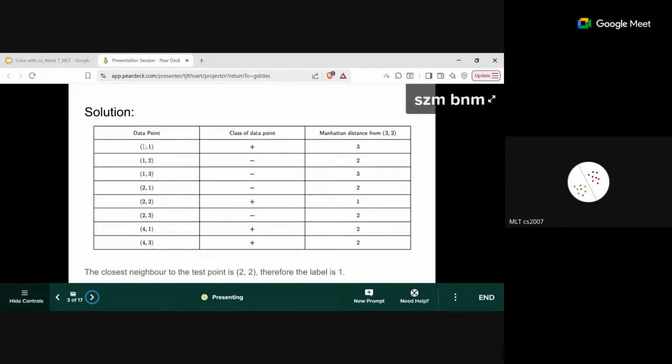The distance of 1 comma 1 from 3 comma 2 is going to be 3, this is 2, and so on. You calculate all these distances, and we see the closest is 2 comma 2, and 2 comma 2 has the label plus. So I'm going to predict the label for my test point to be 1. So 1 is the correct answer.